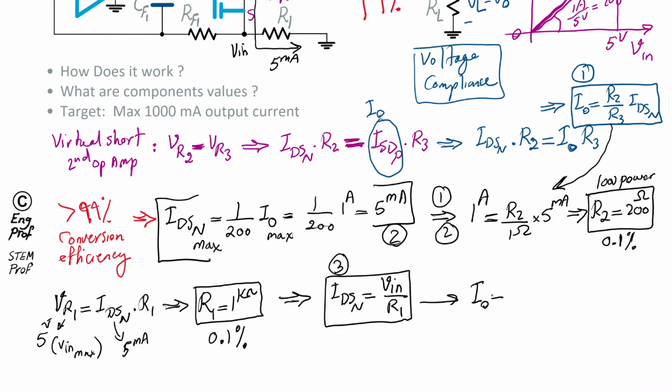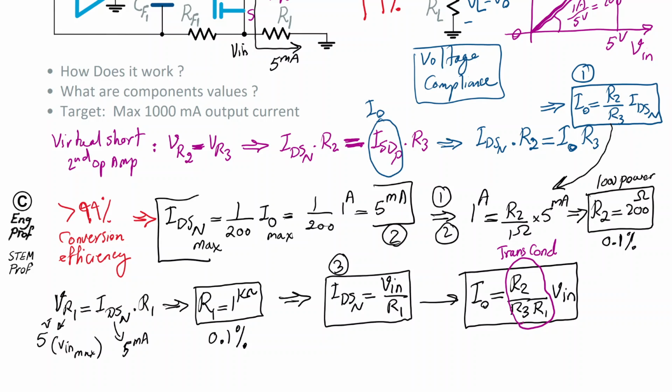So I out equals R2 over R3, and then we substitute IDS n with this value, so R1 times Vn. That is the positive conversion coefficient, which is effectively a transconductance. It is converting voltage to current.